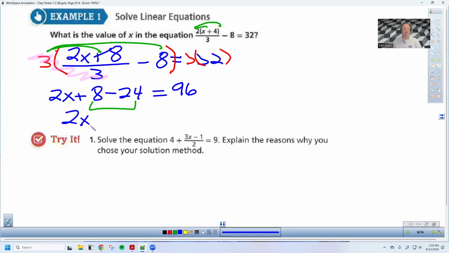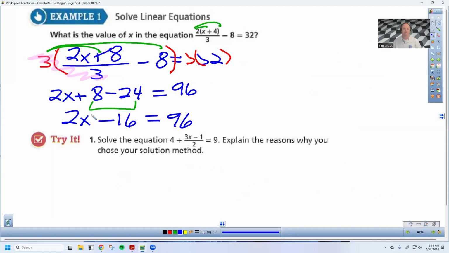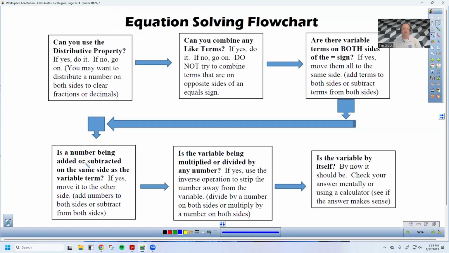So I see 2x minus 16 equals 96. I go back to the flowchart and ask myself, are there variable terms on both sides of the equal sign? The answer to that one is no. I only see variables on the left side, not on the right. So move on to the next box. Is a number being added or subtracted on the same side as the variable term? And that is a yes.